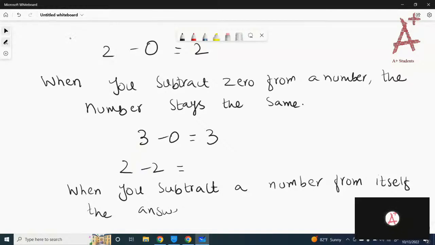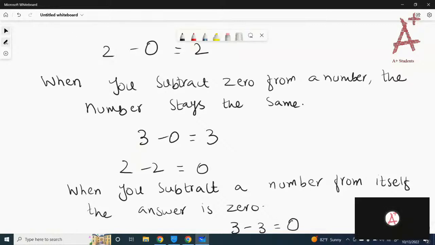Got it? So see, you subtracted a number from itself. 2 subtract 2 is 0. Got it? So let's do another example. 3 subtract 3. 3 subtract 3 is 0.